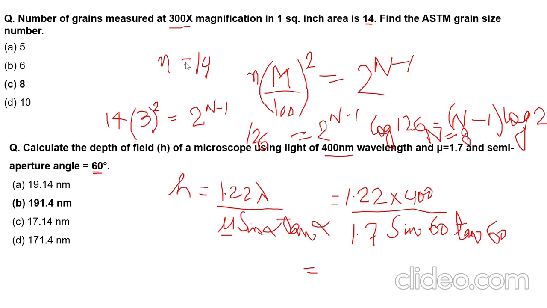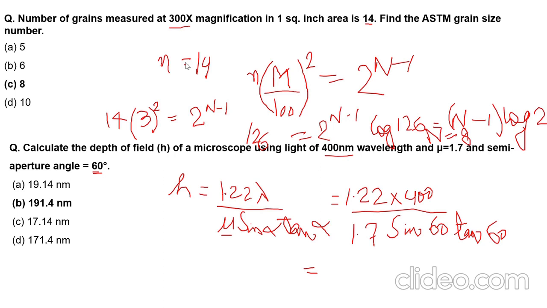I think it is for a fixed position of an object. So I think it will be applied for an eyepiece only, because that is how you can change the image formation. How much change you can get in your image formation based on the change in your depth of field. But for a fixed object, the object is fixed.